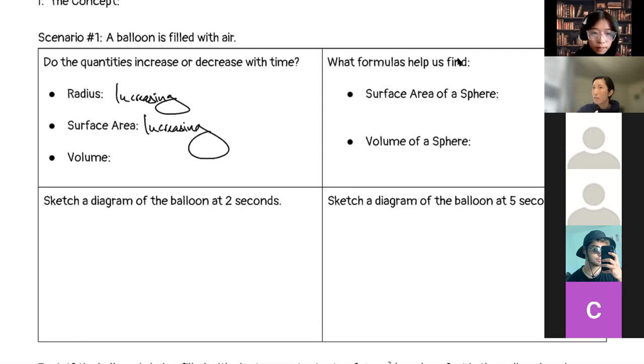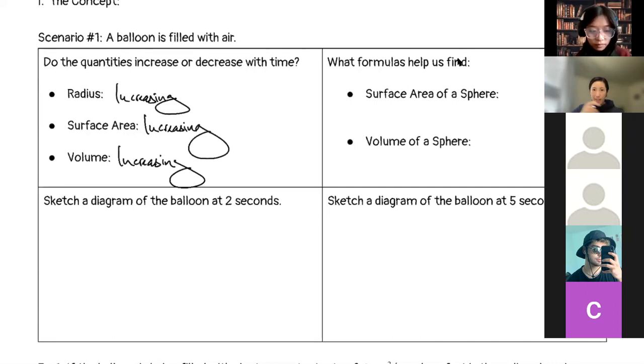Increasing, decreasing, staying the same? Increasing. And what did you mean by going up and down? Oh, I just meant that increasing is the same as going up. Oh, okay. Decreasing is the same as going down. Yes. Okay. All right, so we agree then, if we have a balloon that's getting filled with air, the radius is getting bigger, the surface area is getting bigger, and the volume is getting bigger, okay?